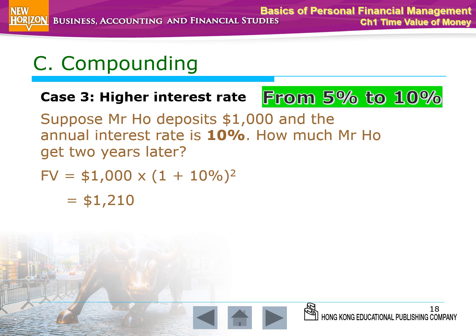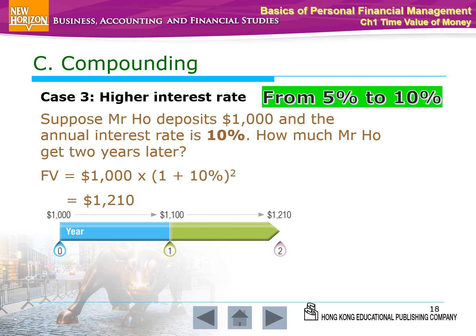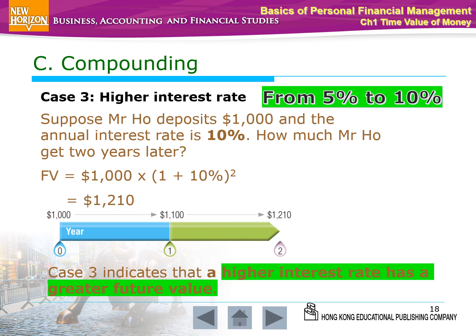So you see that the formula remains unchanged, except that the interest rate changes to 10%. Making use of the calculator, we find that the future value is $1,210. Of course, in this case, it indicates a higher interest rate has a greater future value.